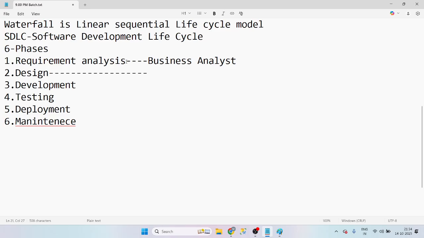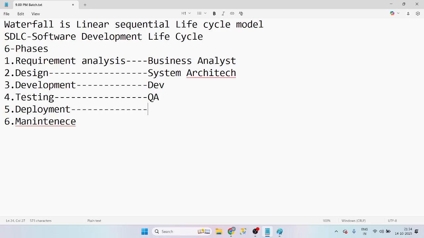Here also we have an architect, but we call him the system architect. Now the third one is developer, dev, and the fourth one is tester, nothing but QA. Coming to the deployment, we have the DevOps team.